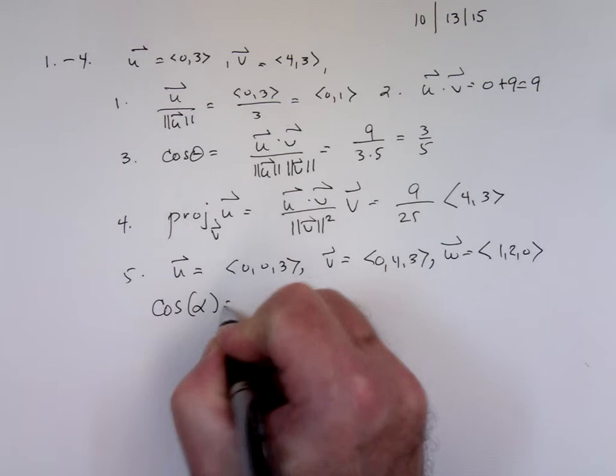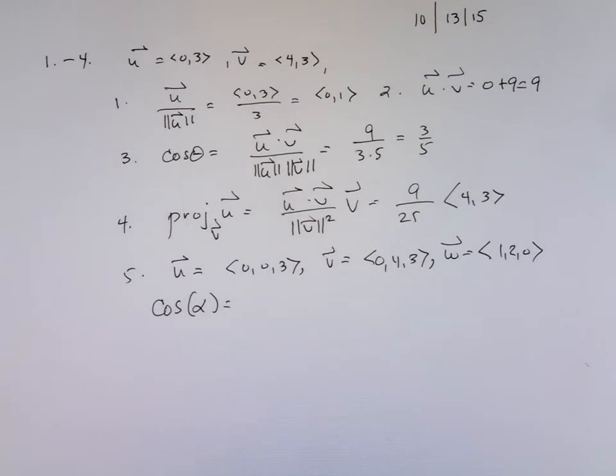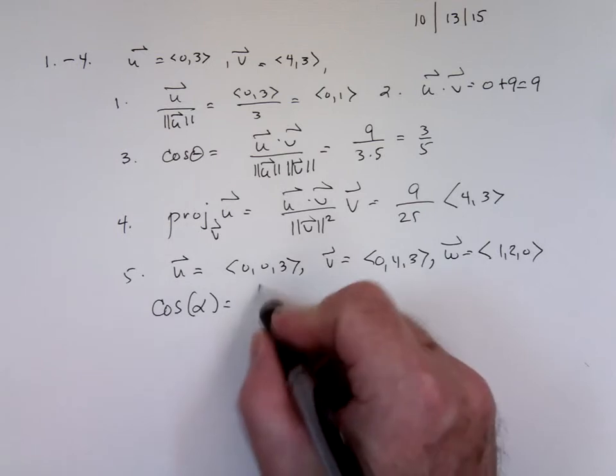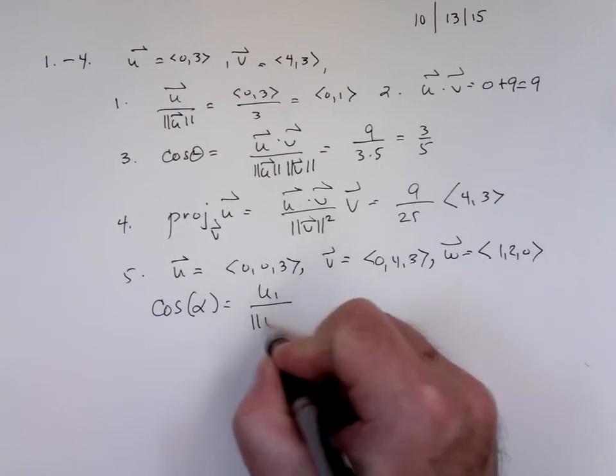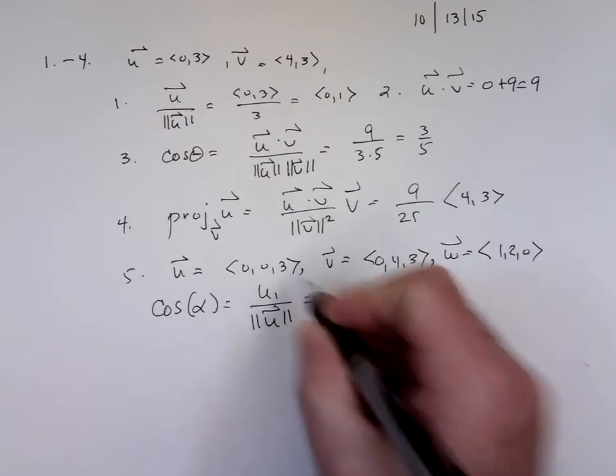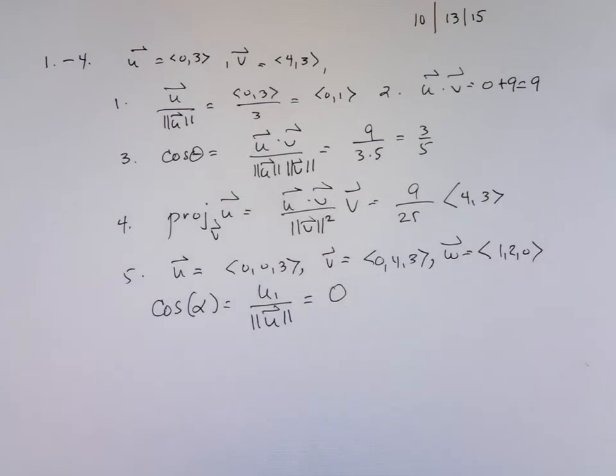Cosine of alpha is equal to, this is one of the direction cosines where we did this out. It's equal to u1 over the magnitude of u. That's equal to 0. If you think about it, u is 0, 0, 3. That's heading up the z-axis. The angle that makes with the x-axis is a 90-degree angle, the cosine of which is 0.